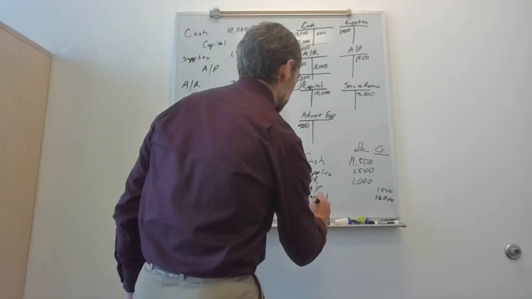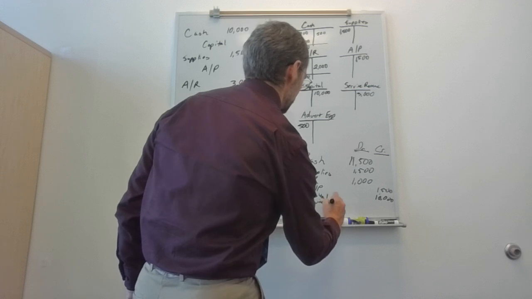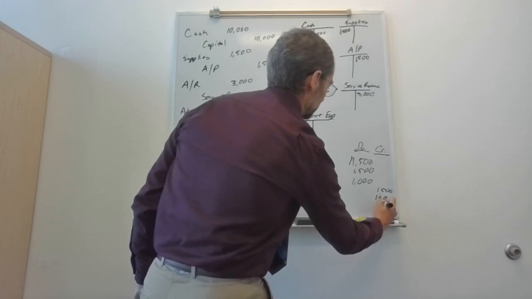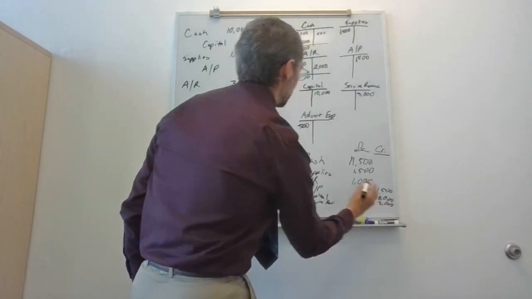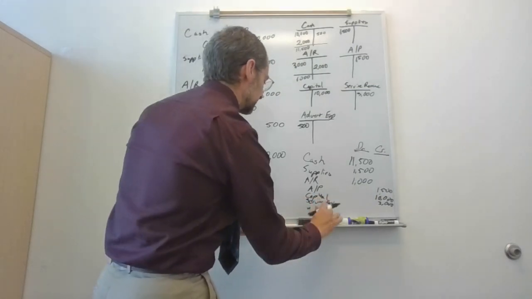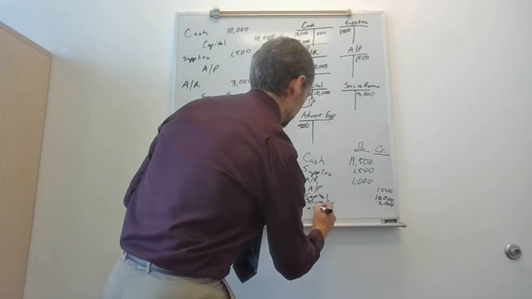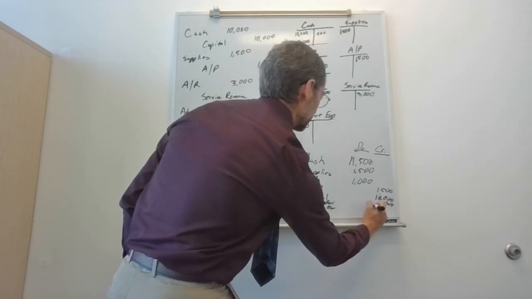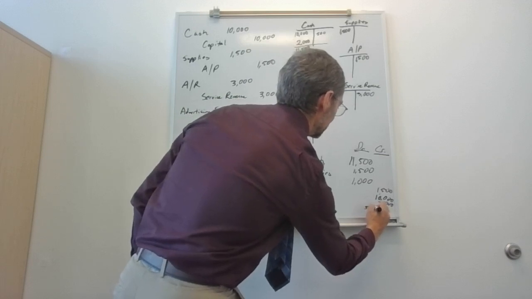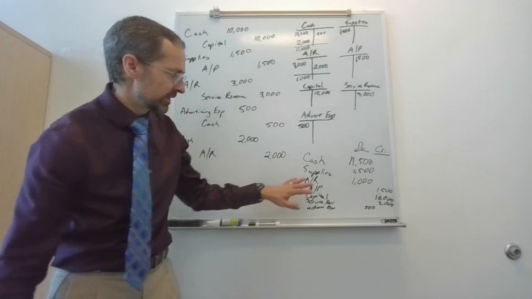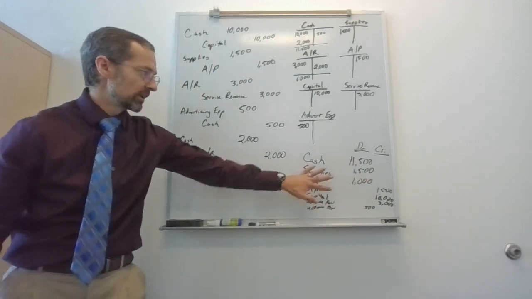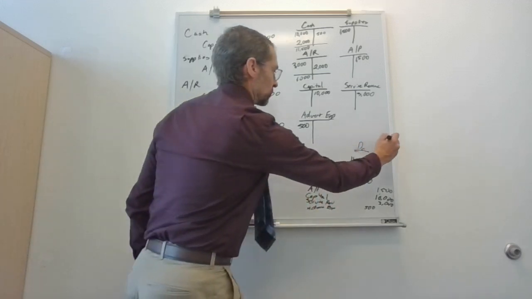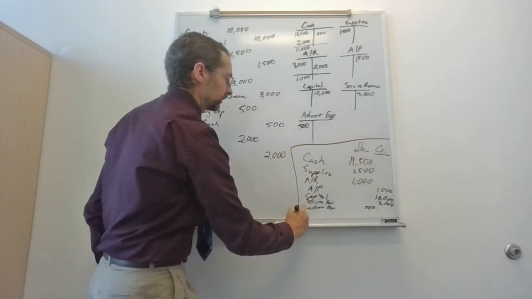I have my service revenue, which is a credit of $3,000. And then advertising expense of $500 debit balance. All right, so hopefully you can kind of see what's going on over here. So this is my trial balance over here.